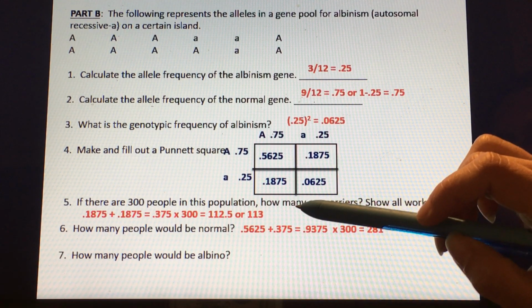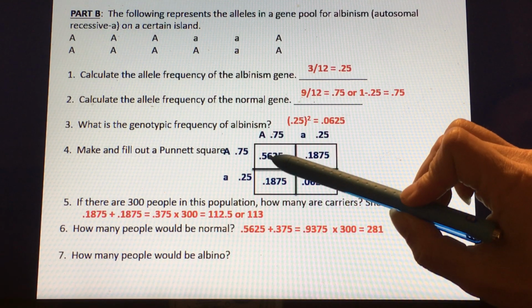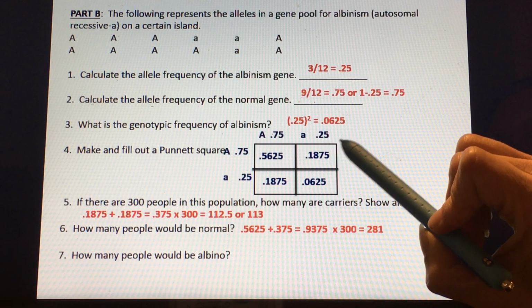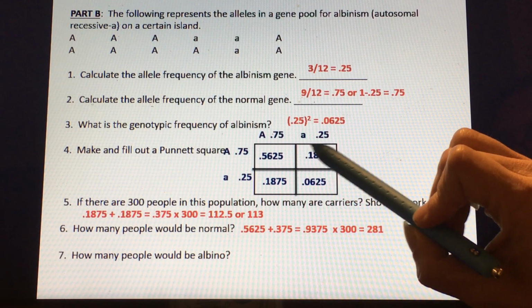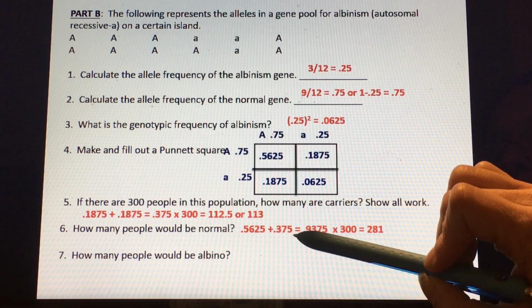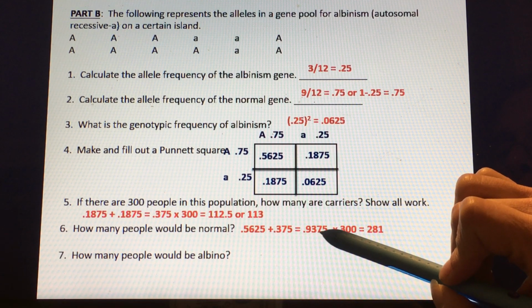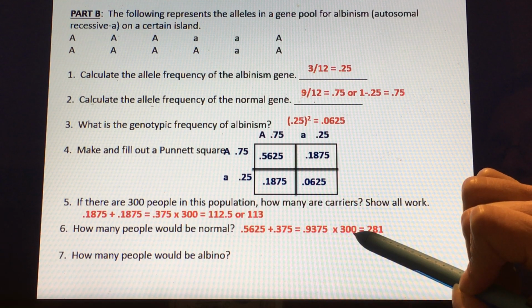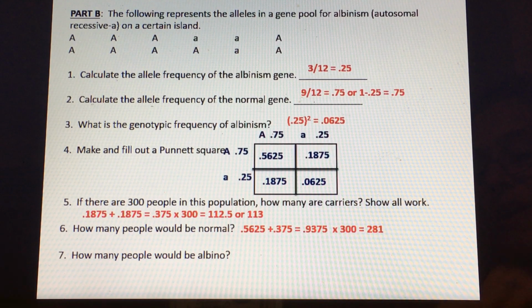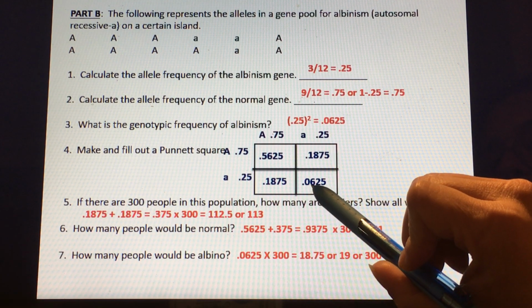So 56% would be homozygous dominant, and 37.5% would be heterozygous, and all of these individuals would be normal. So you add those genotypic frequencies up and you get 0.9375, and then you multiply that by the total population and you get 281.